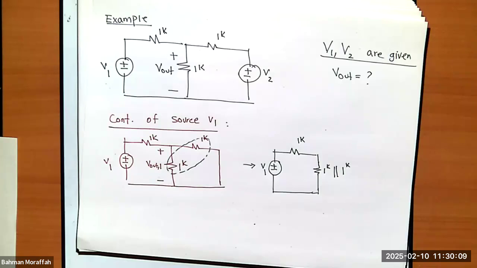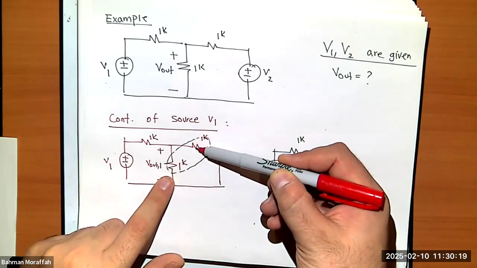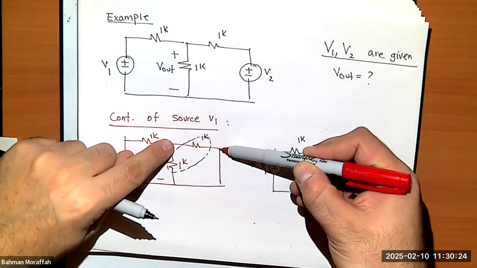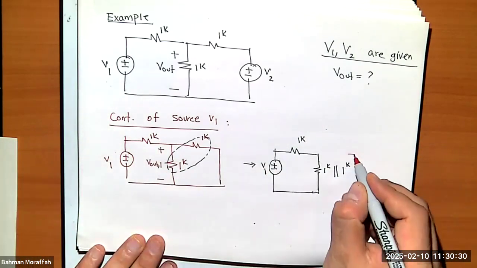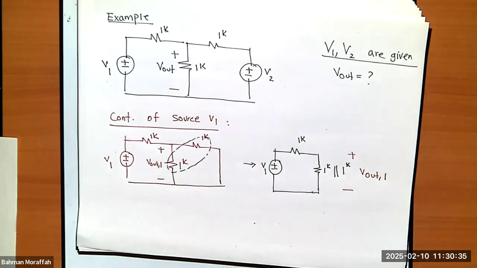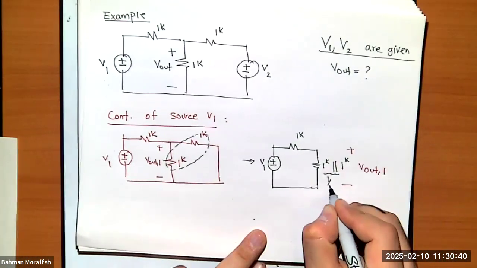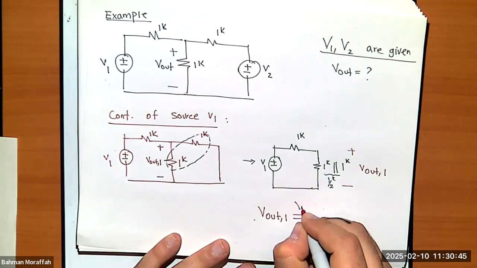Why? Those 1Ks are in parallel, so the voltage across this 1K is exactly the same as the voltage across this 1K, and it's the same as the voltage across the equivalent of it. So this over here is V out 1. So what is V out 1? Well, 1 and 1 in parallel is half. V out 1, again, as a voltage divider.